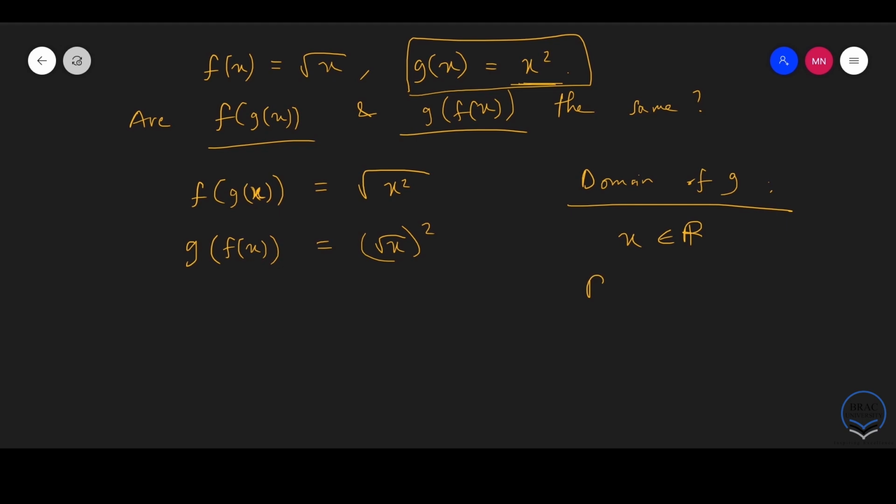But we can see that the range of g is always going to be non-negative. Since we have a squared term, g of x will always be non-negative, so g of x is an element of the interval from 0 to positive infinity.